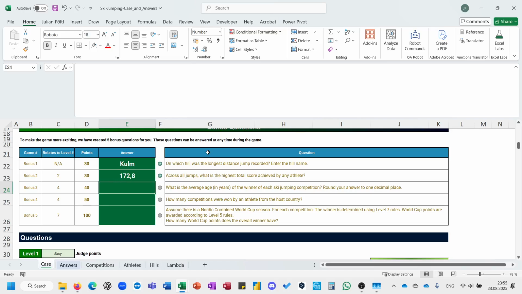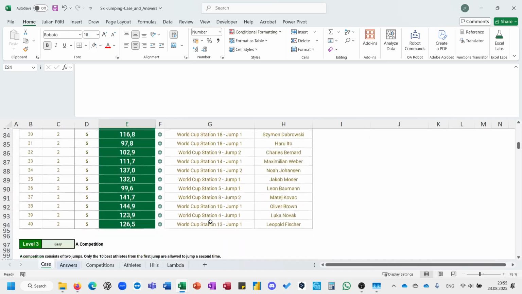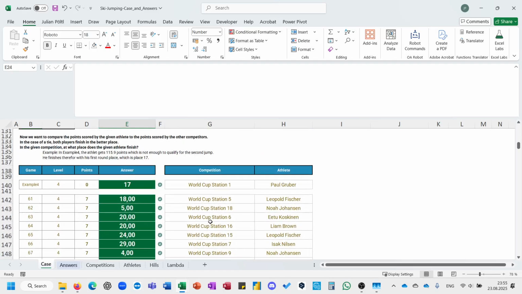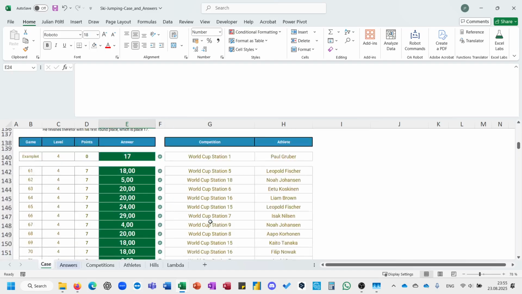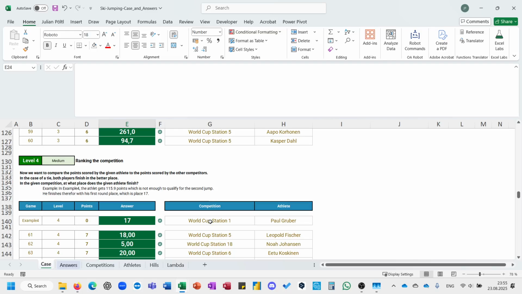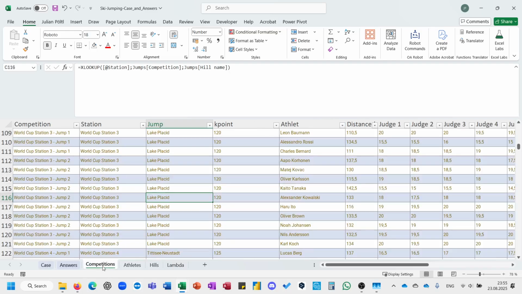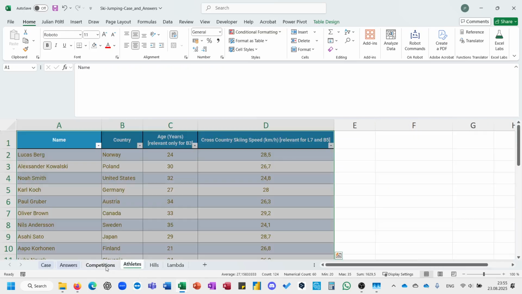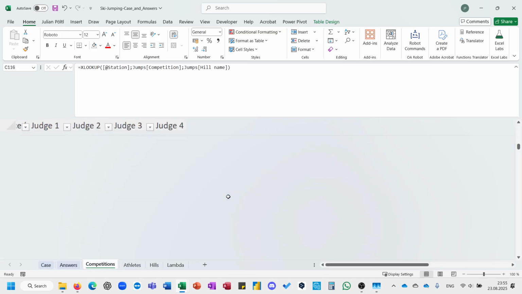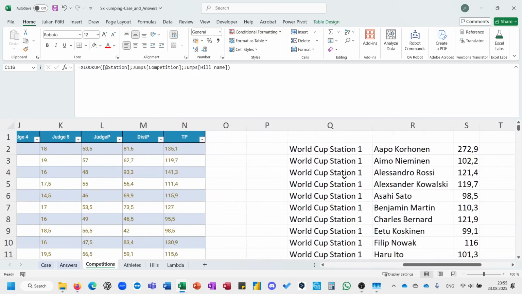What is the average age of the winner of each ski jumping competition? Do I have every winner in here? No. Okay, so we model it here aside.